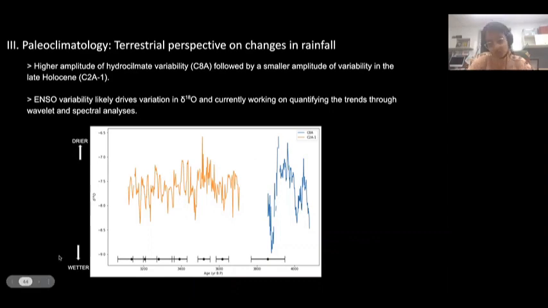We are working on quantifying these trends through the use of wavelet and spectral analysis, but right now what we notice is a higher amplitude of hydroclimate variability in C8A, followed by a smaller amplitude of variability and less of any trend in C2A. And so variability likely drives this change, but that is something that we need to quantify through more statistical analysis.